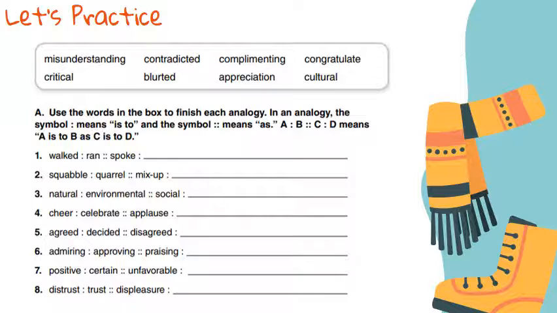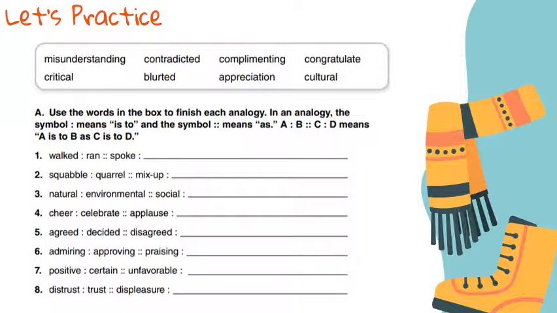Walked is somehow opposite to ran. For example, you walk slowly but you run quickly. So spoke, you speak slowly, you are sure what you want to say. So there is a word that is somehow opposite to spoke. It doesn't follow the same rhythm as speaking.